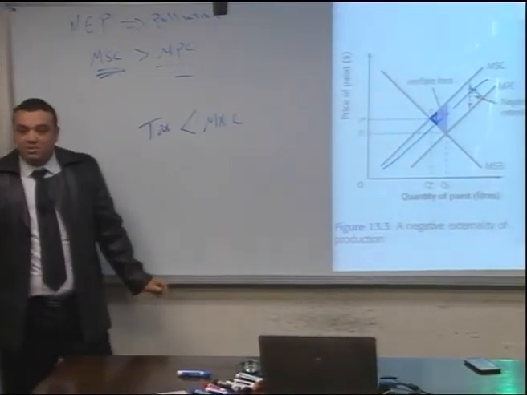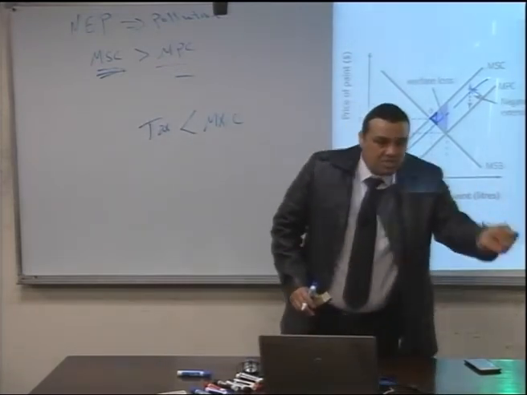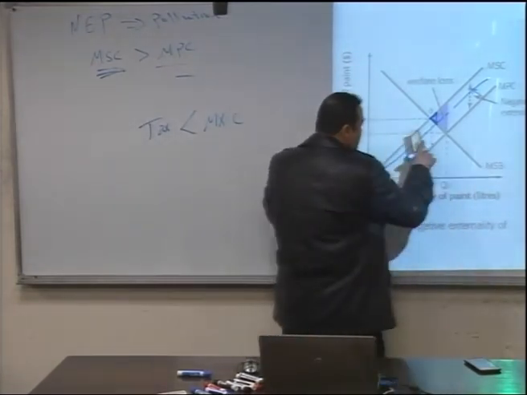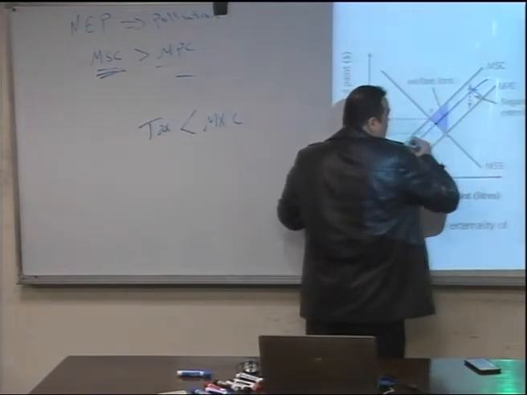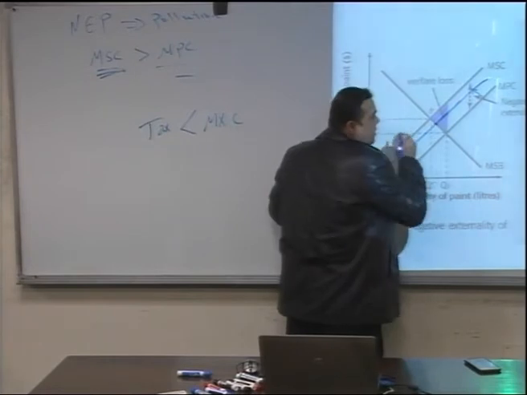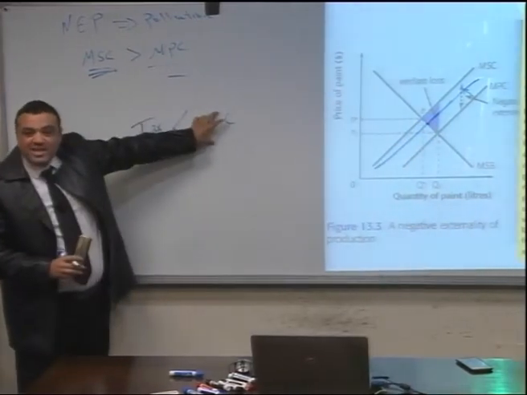The case that leads to reaching optimality is only when the imposed tax equals the marginal external cost.